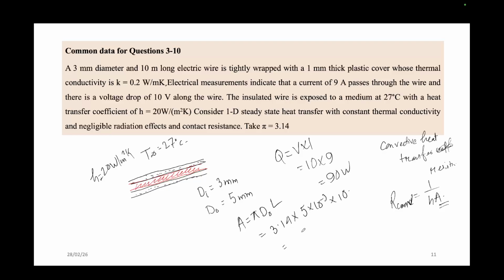So it will be 15.7 into 10 to the power minus 2, which is 0.157 meter square, right? So h is already given as 20, into 0.157.